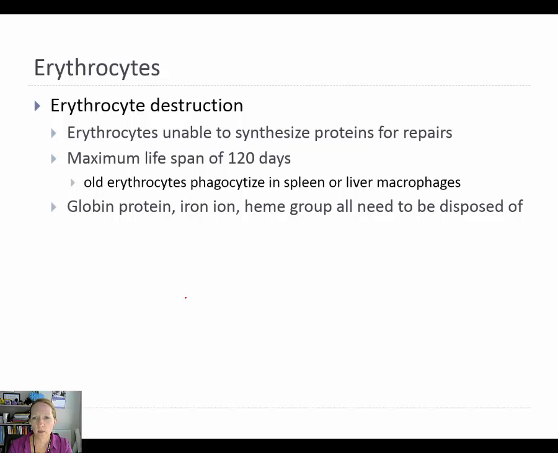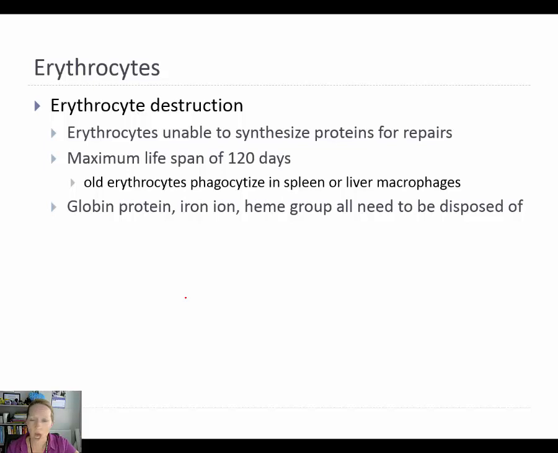But the good thing about that is our body can go in and recycle a lot of these components of a red blood cell, specifically a lot of the components of the hemoglobin. So let's say that you have an old red blood cell. It's on its last leg. It's going to go to the spleen.